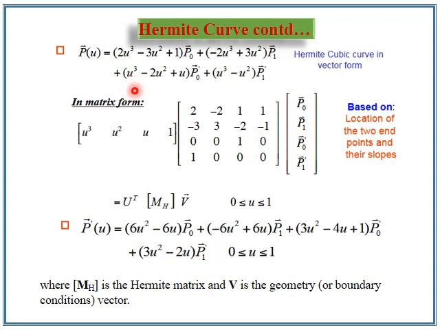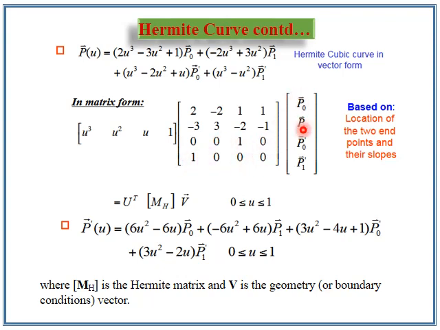Now we just have to transform this equation into matrix form. So we will get u power 3, the biggest power, and then consecutively u power 2, and then u, and then the constant coefficient 1. So p of 0 will be here, p of 1 here, p of 0 dash here, p of 1 dash here.